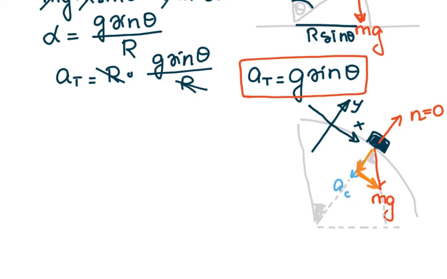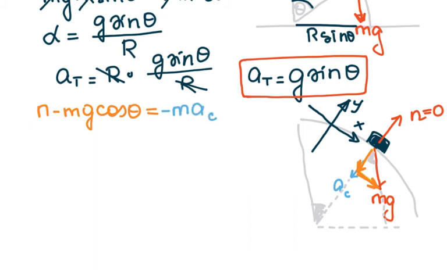So for my equations for the forces on the y-axis, I have the normal force is positive, minus mg cosine theta, equals negative m times centripetal acceleration.